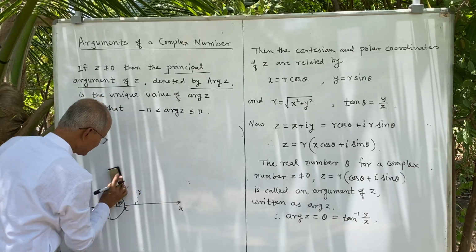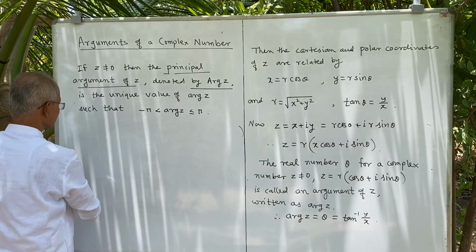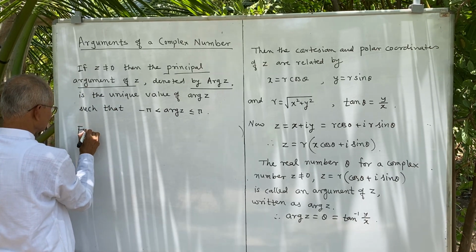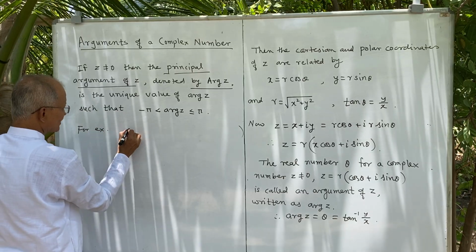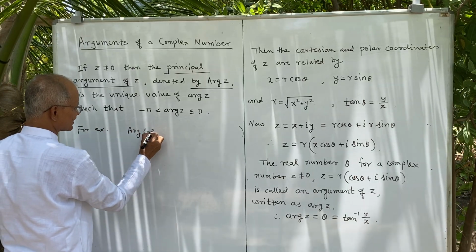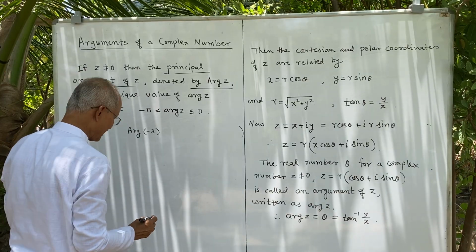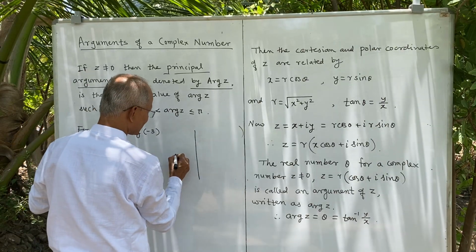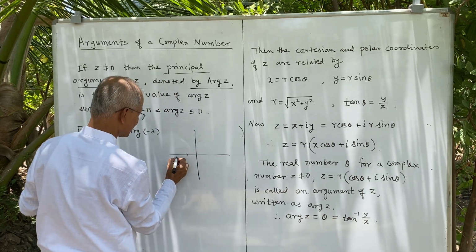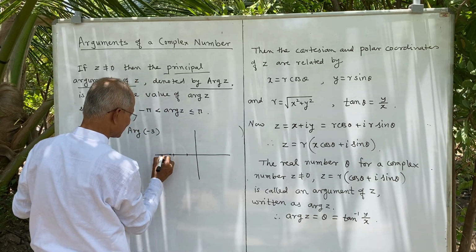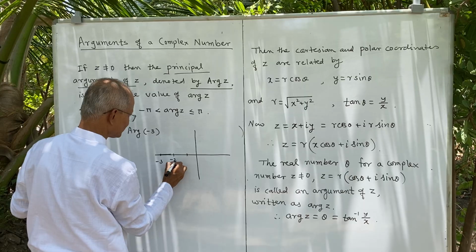So for example, what will be the argument of minus 3? The point minus 3 is on the negative x-axis, say minus 1, minus 2, minus 3, this point.